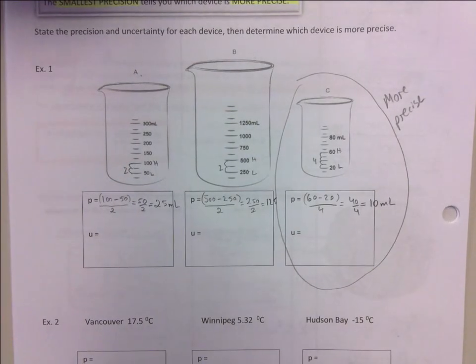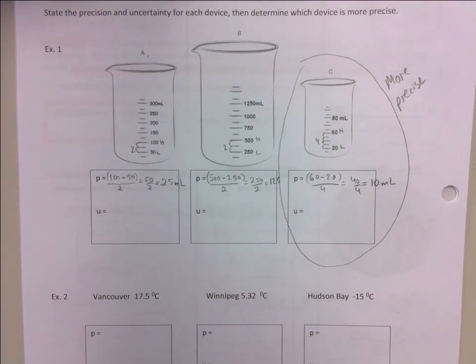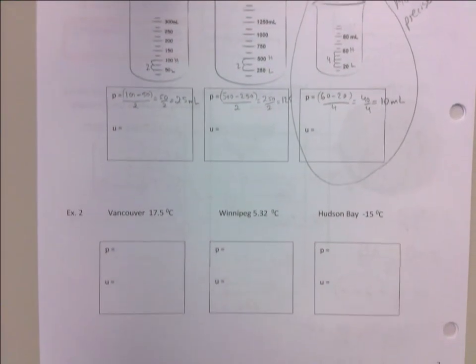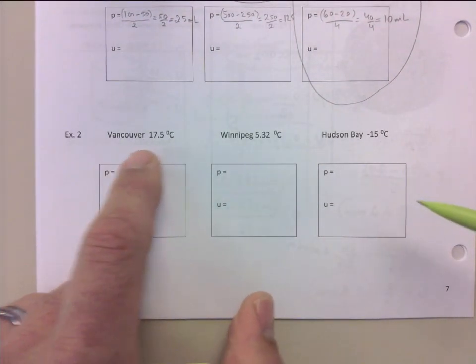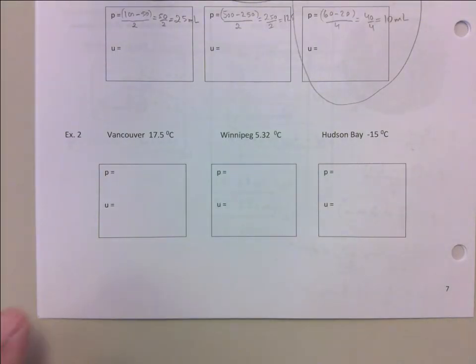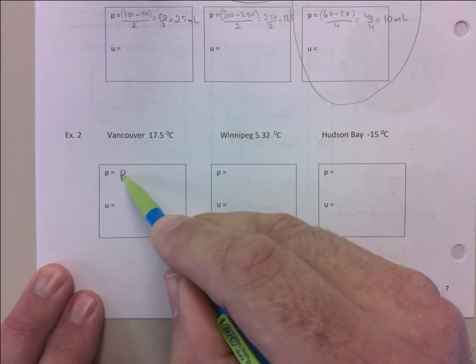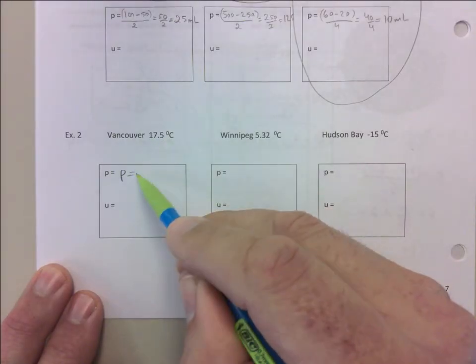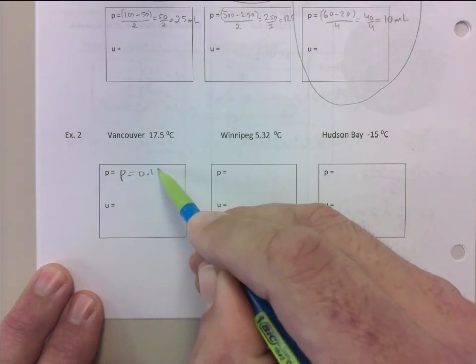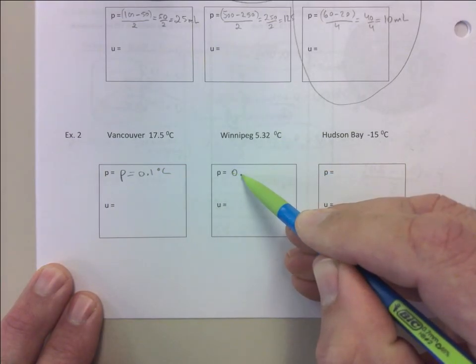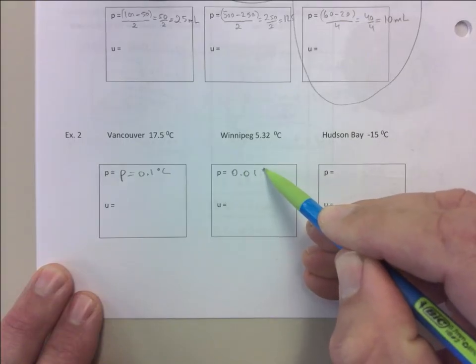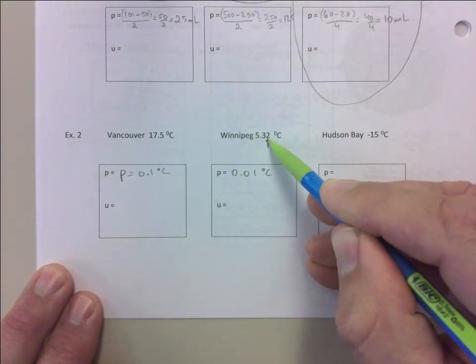Between these three temperatures, okay, let's look at one more. Between these three temperatures, which thermometer was more precise here? Precision for Vancouver is 0.1 degrees Celsius. For Winnipeg, the precision is 0.01 degrees Celsius, like it's the second decimal.